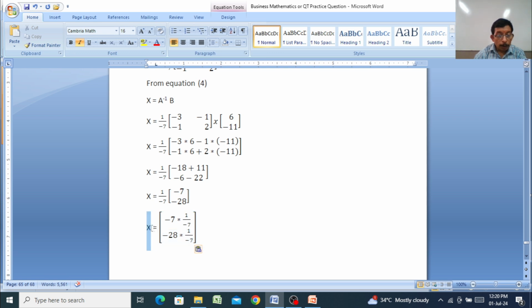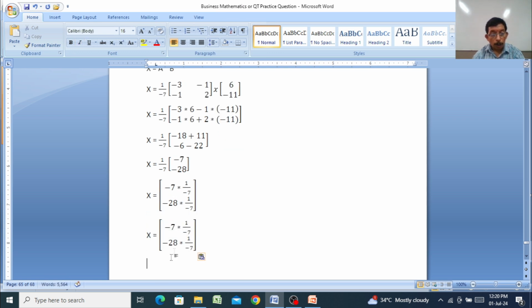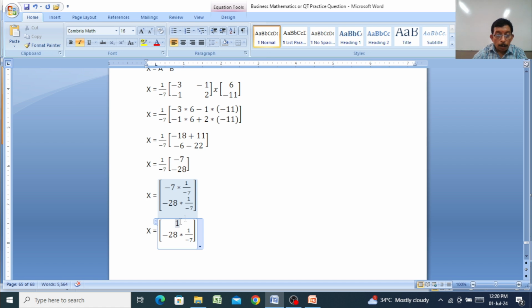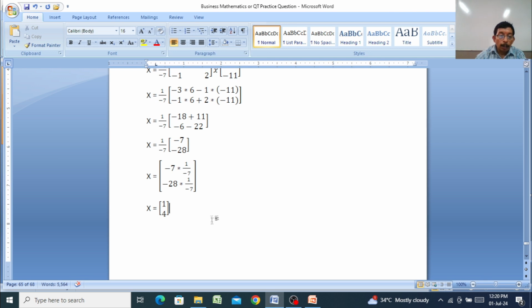Minus 7 cancels out with 7, the result is minus minus plus 1. 7 fours are 28, minus minus plus, the result is 4. The value of x is 1 and 4.